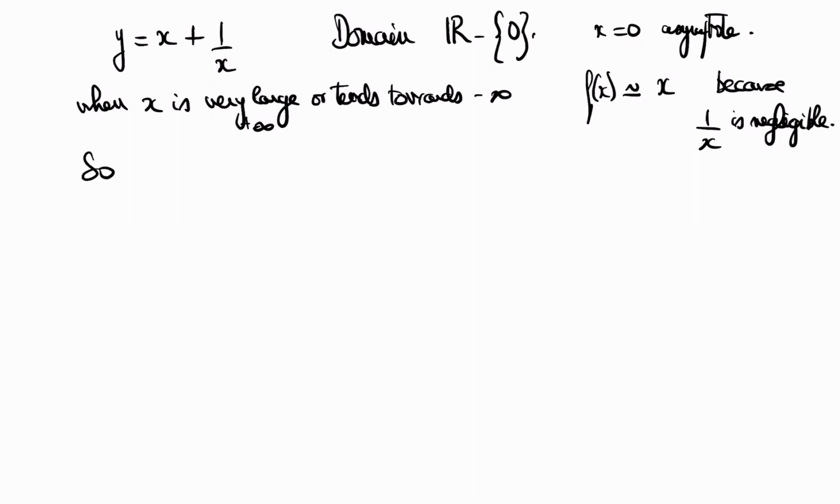So that means that f of x is approximately equal to x, and therefore y equals x is an asymptote.